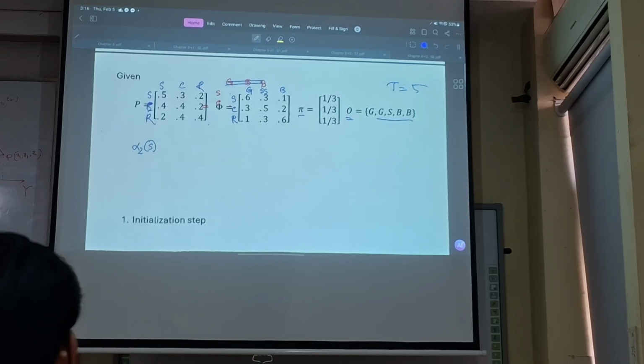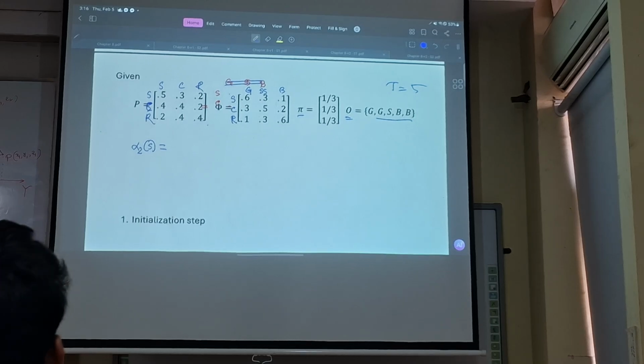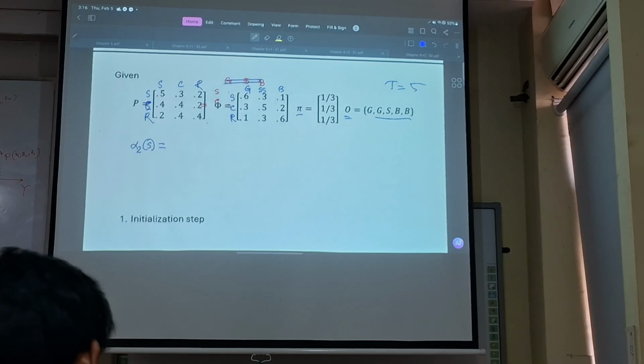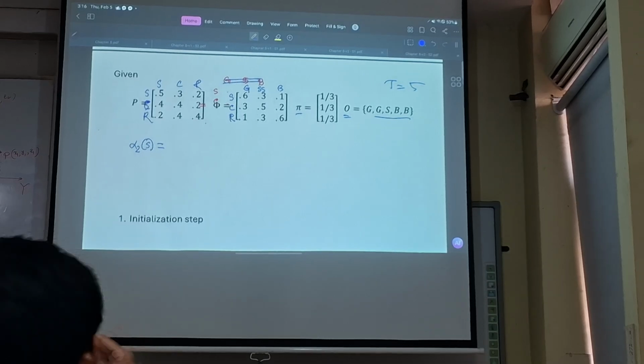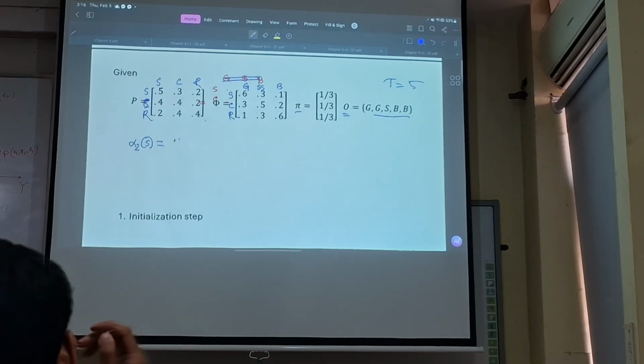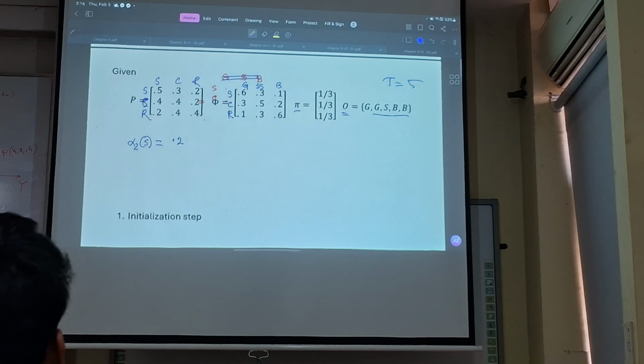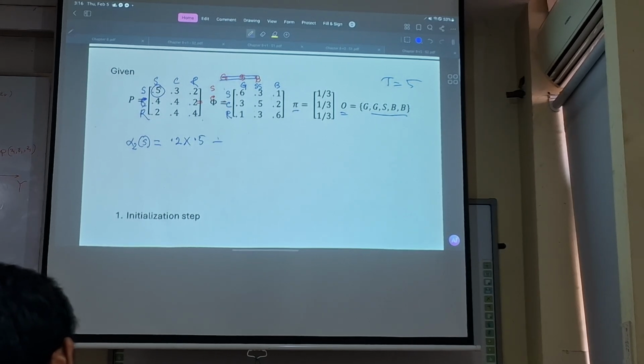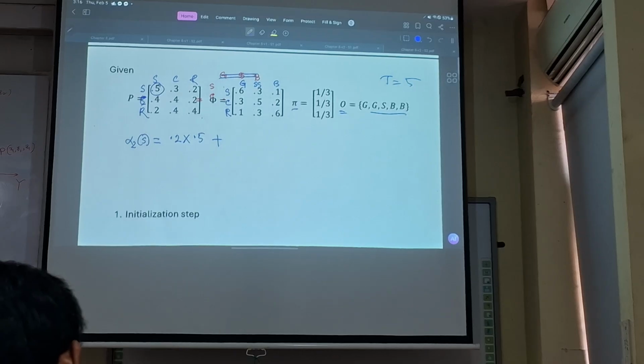Alpha 2s is, let us write the value now. What is the value of alpha 1s? 0.2, into a transition from S to S, 0.5, plus alpha 1c.